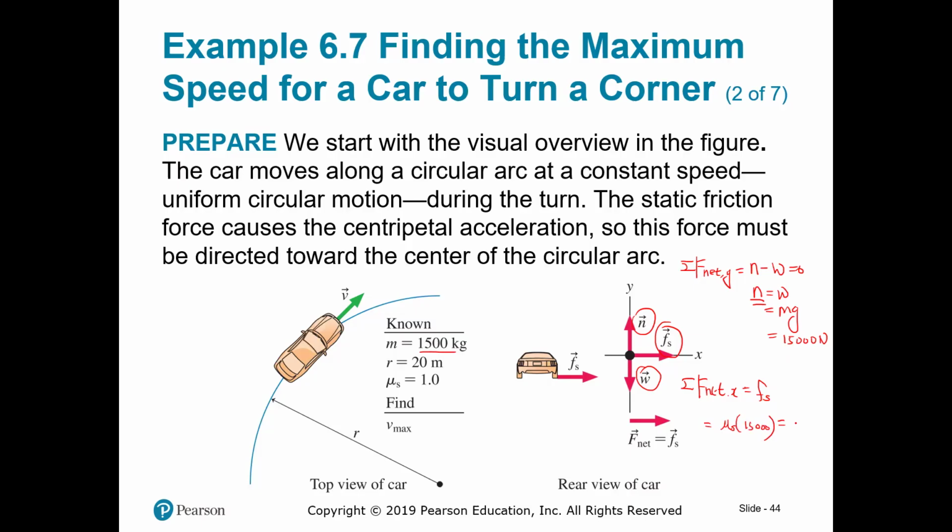And that equals what? Basically ma, but because this is a circular motion, now you can say this is m v squared over r. So your final answer is simply solving this, where m is 1500, r is 20 meters, and mu s is simply 1, so you can cancel.